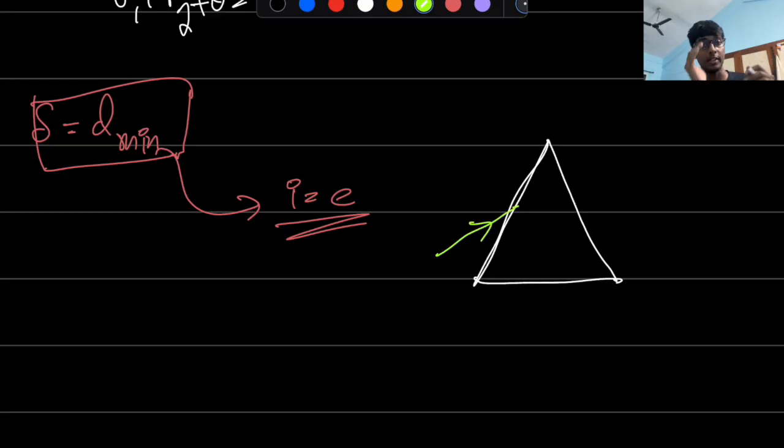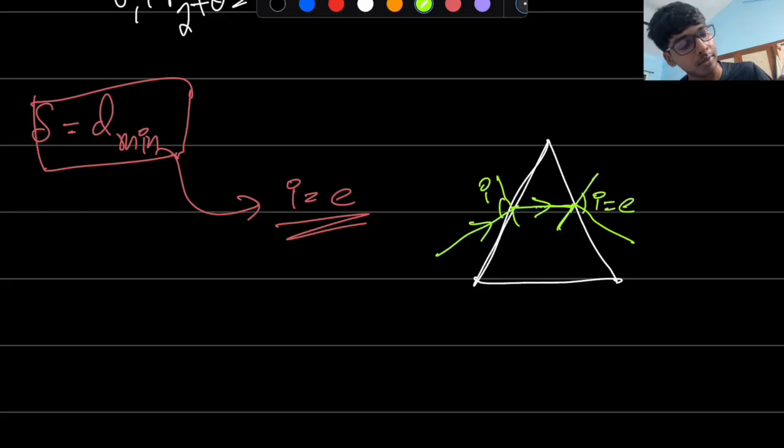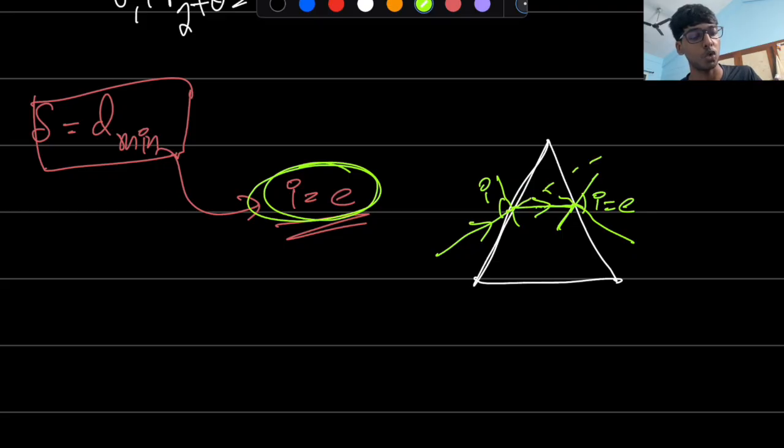The deviation should be minimal, like light shouldn't bend much, barely, to be honest. So that's the aim, which means, let me say if it's hitting at some angle I, it should also emerge at an angle I, which is basically your angle of emergence. So to minimize the deviation, this condition must hold true. So in this case, this would be d minimum.